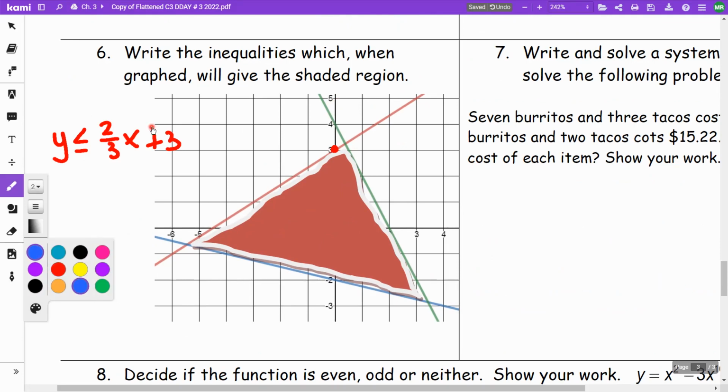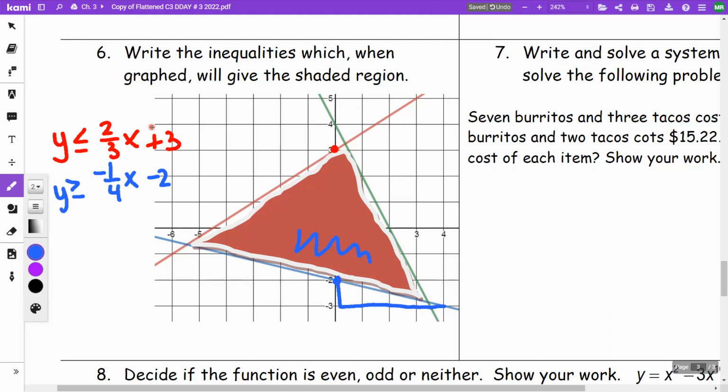The blue one, my y-intercept here is at negative 2, and it looks like I'm going down 1 over 1, 2, 3, 4. So down 1 over 4, and my y-intercept is a negative 2. And for this one, I'm shading above it, so that's going to be greater than or equal to.